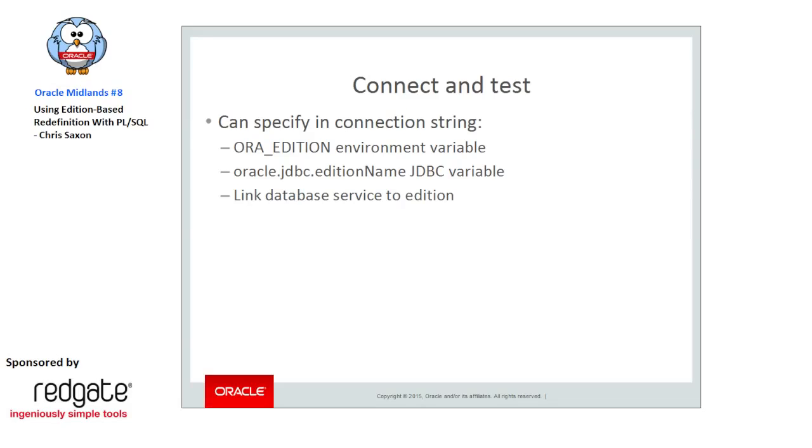So again, you might have a particular service that you use just for releases, so you can test and do what you want on that, or depending on how your application's set up, you might have two services, like an A and a B, so you can release to A and go over to B and flip back and forth and things like that. So there's a number of approaches you can use, so you don't have to execute alter sessions in your code all over the place to change the edition.